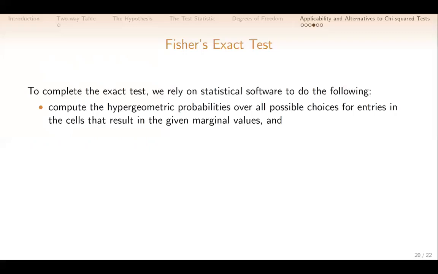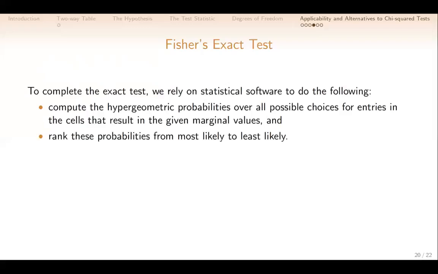If not, it's easy to get into the millions, or many millions, of possibilities for what you could use to fill the cells. And in that case, what R does for the Fisher exact test is to randomly pick strategies that fill in the probabilities for those cells, and then keep track of all of those to see how often they occur. And it compares that to the one that you saw in the data.